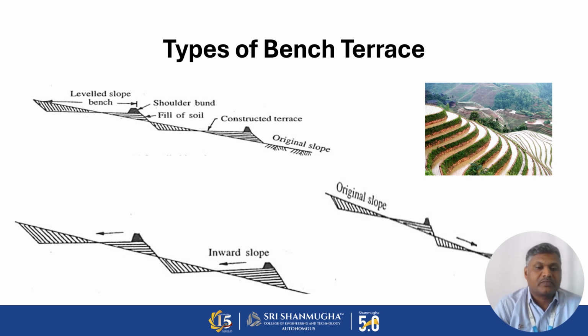Sloping inward means the slope is towards the ridges, that is towards the bund; that is called inward slope. Outward slope means the slope is towards the outside. So these three are the bench terraces, level, inward slope and outward slope, based on their slope and construction. In the hills the bench terraces will look like the picture shown in the top corner.